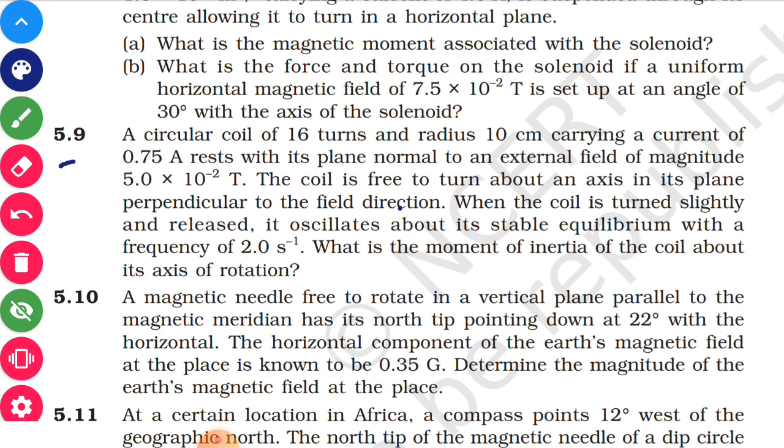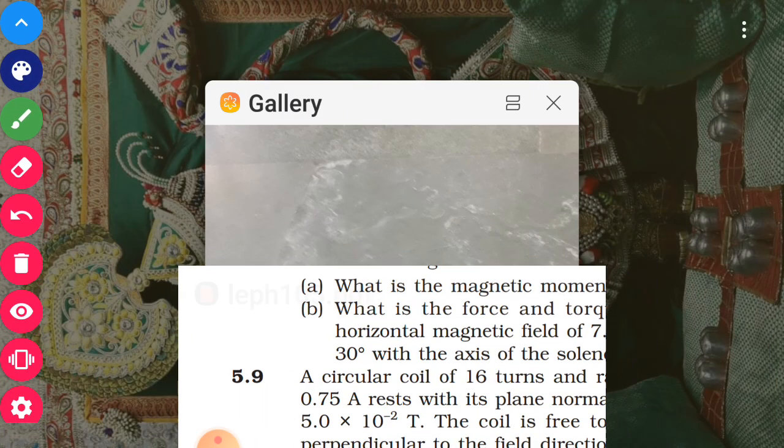The coil is free to turn about an axis in its plane perpendicular to the field direction. When the coil is turned slightly and released, it oscillates about the stable equilibrium with a frequency of 2 per second. What is the moment of inertia? We want to find out the moment of inertia here.